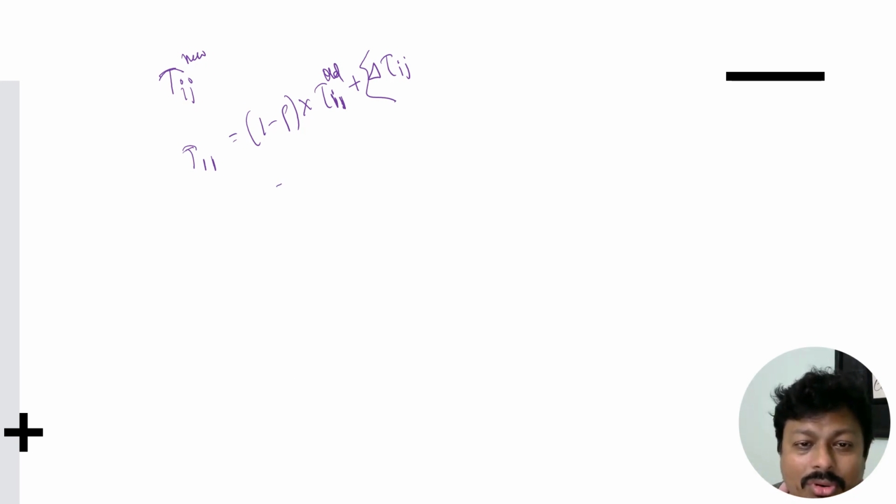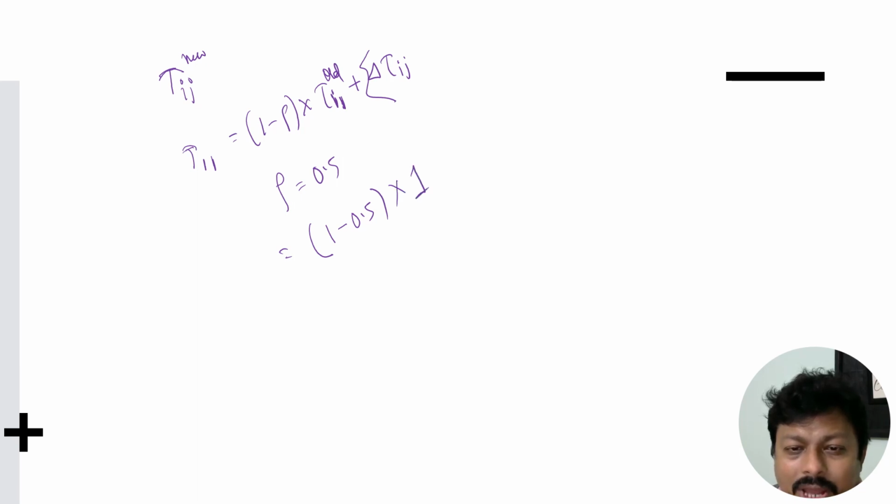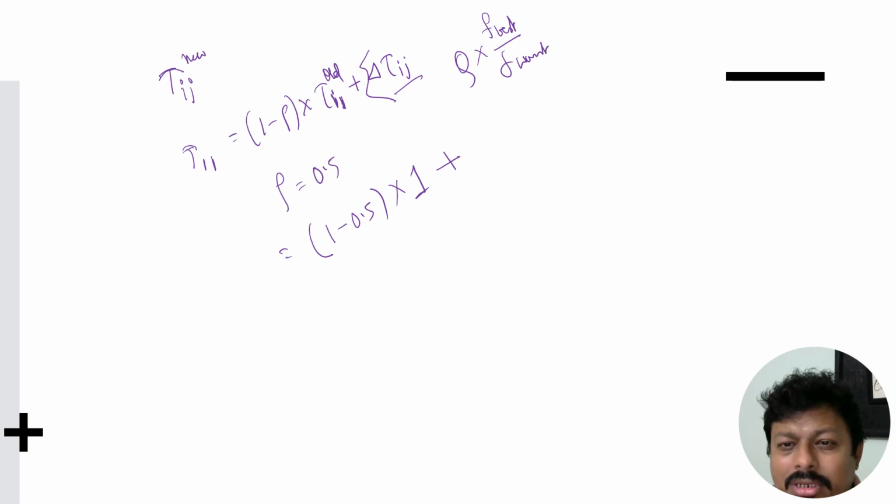Okay, so rho we have already said is 0.5. So what will happen? 1 minus 0.5 into tau, which was 1. In the previous iteration, the initial iteration, all tau is the same. Plus the formula for del T was Q multiplied by F best by F worst. Q is 2, I have already discussed. 2 into F best, which was 4, by F worst, which was 16.